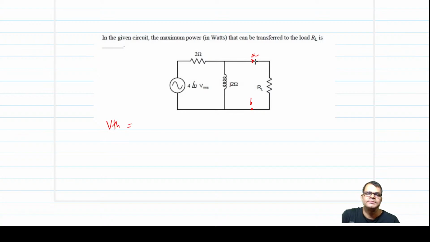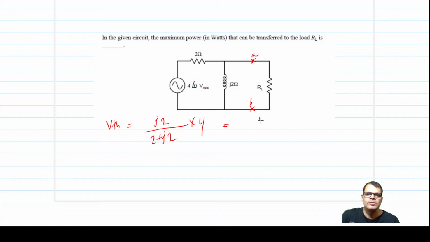So let us find the Thevenin voltage. That is simply the voltage across the j2 ohm impedance: j2 upon 2 plus j2, into 4. All the values have been given. See, the voltage is in RMS.